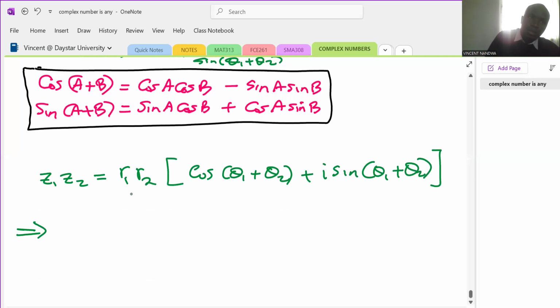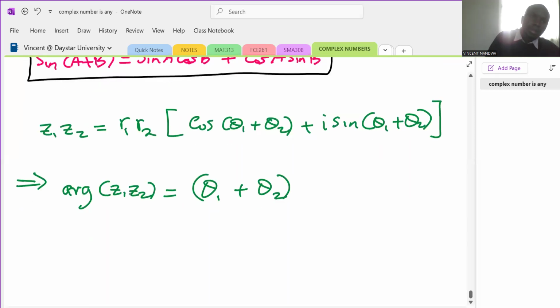Which means that the argument in this product, Z1 Z2, is simply theta 1 plus theta 2.